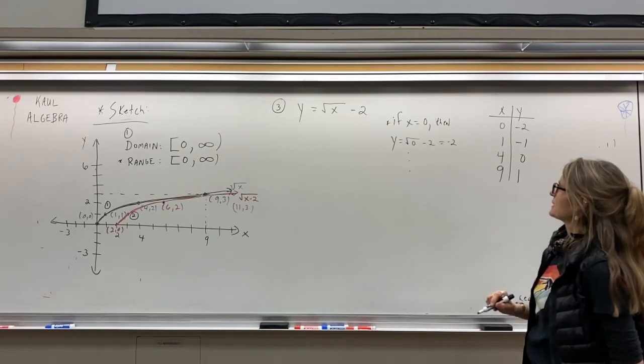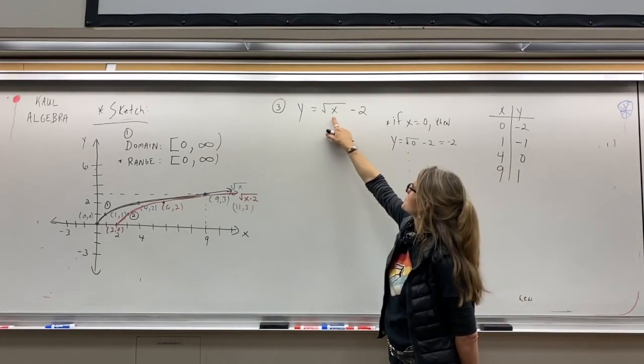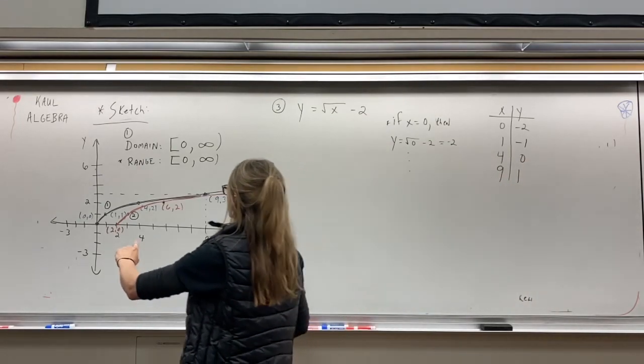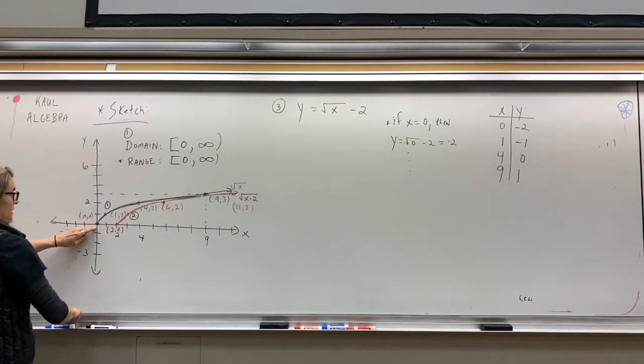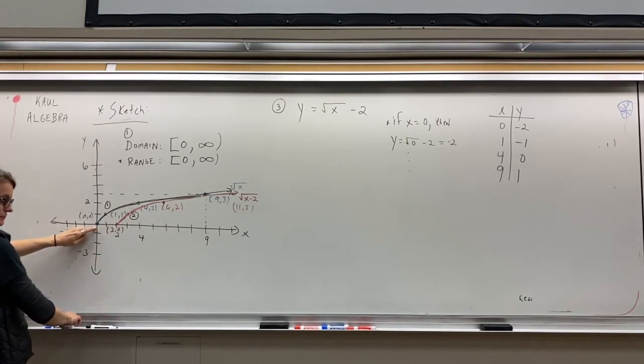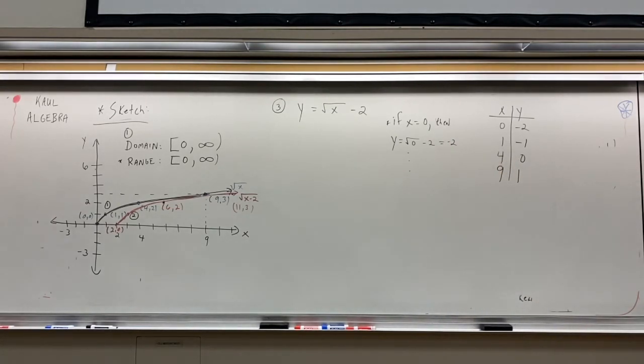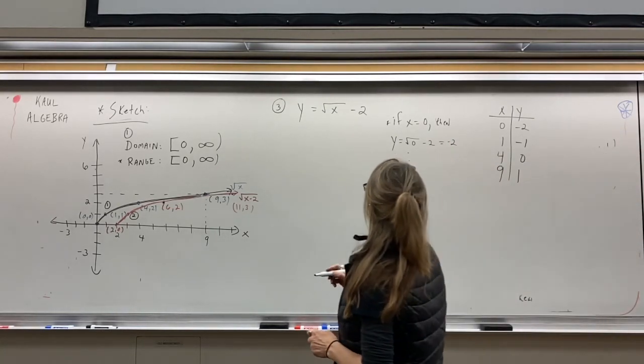So notice what's happening here again. And also note that I don't want negatives. In this case, I start out with the point 0, negative 2. I'm going to do this one in green. Okay.